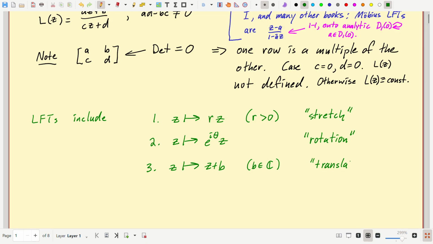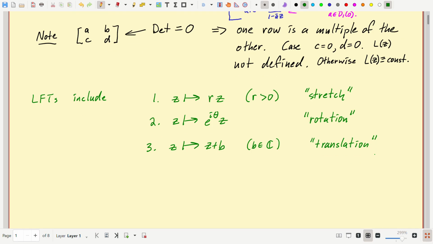And there's one more basic map. It turns out that these are kind of all there are. They generate all possible linear fractional transformations.